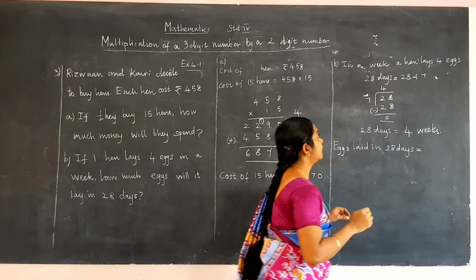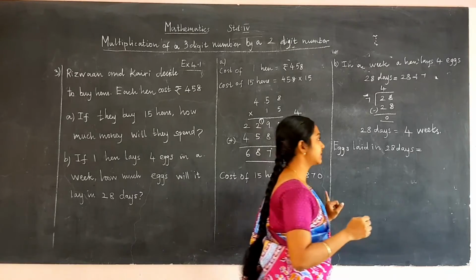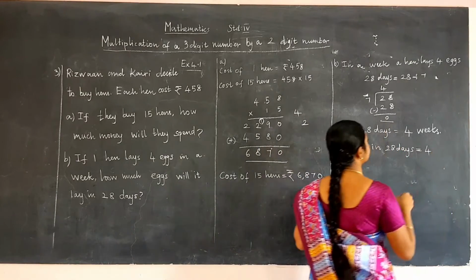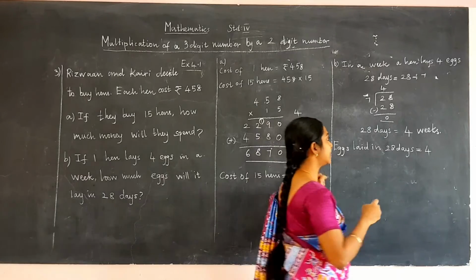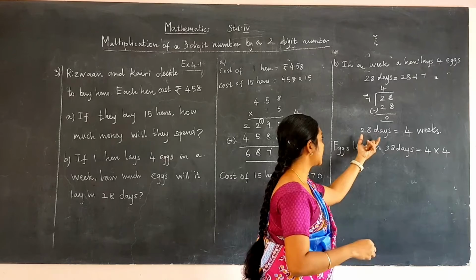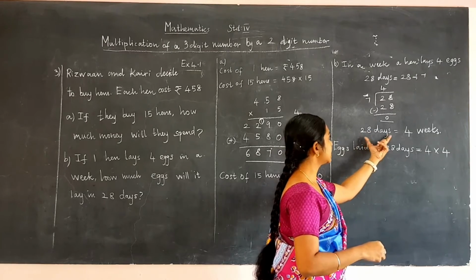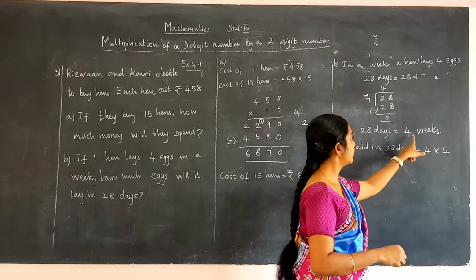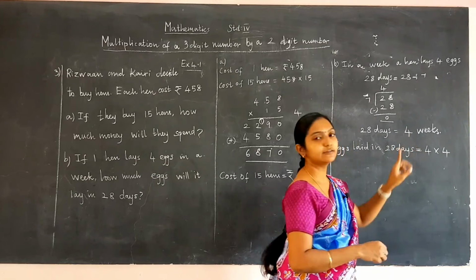We know that for a week a hen lays 4 eggs. Then for 4 weeks we have to multiply it with 4, because we have converted 28 days into 4 weeks. So we are going to multiply 4 weeks and 4 eggs.